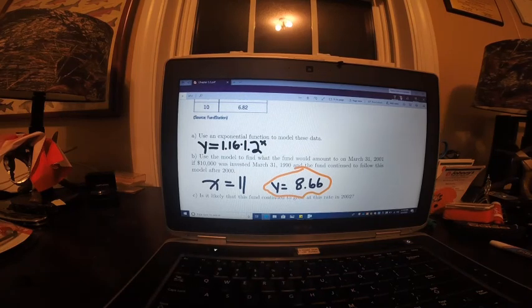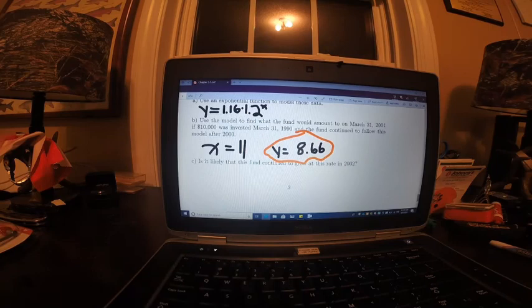Now, C says, is it likely this fund continued to grow at this rate after 2002? Now, this example is a little older, so some of you might not even have been born then, so you might not have any clue what happened after 2002. This isn't a style question I would ask you, because this isn't a history class or anything.